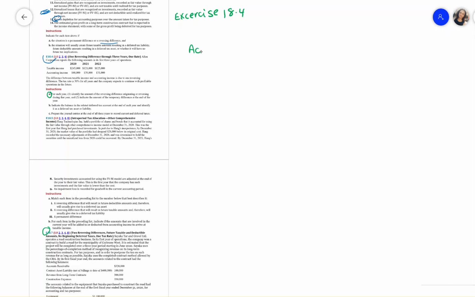We always start off with an accounting income. Accounting income is created using the IFRS standard or ASPE standard, and taxable income is created using the Income Tax Act. So in this question, they told us that there is a difference.